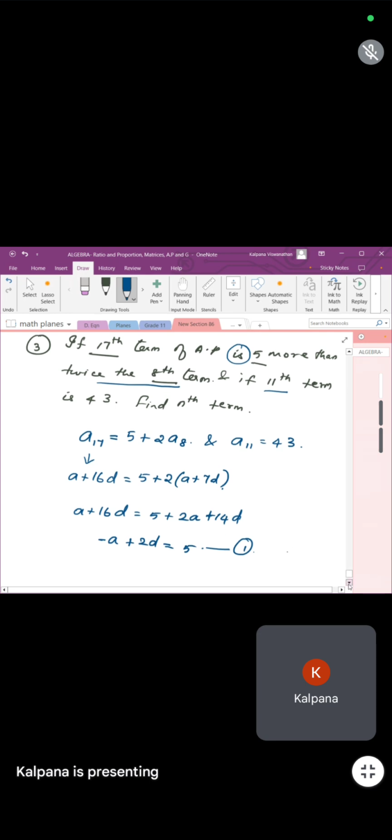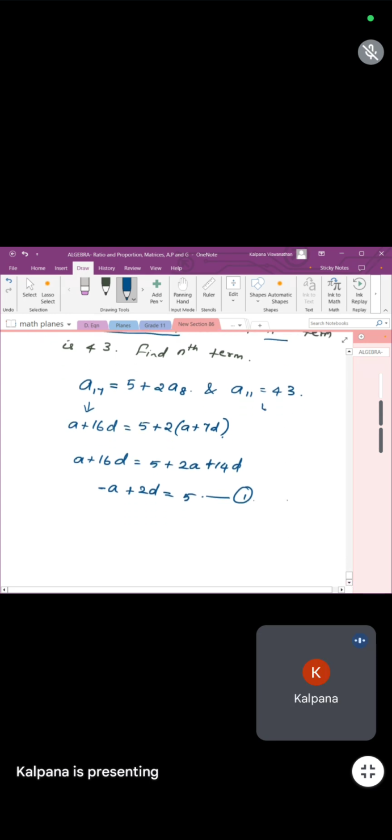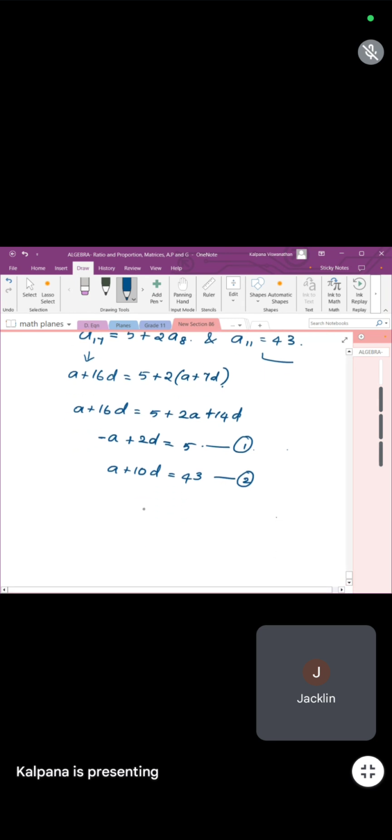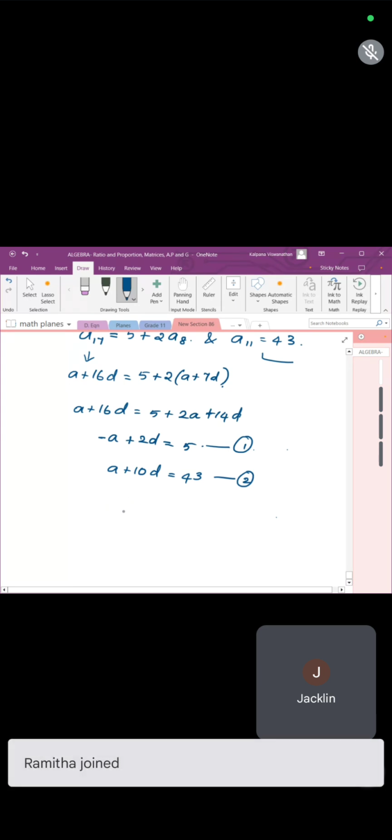Did you get this? For the second one, A11 is 43, so a plus 10d equals 43. This is your second equation. Solve them both and get what d and a are. So two equations you got.